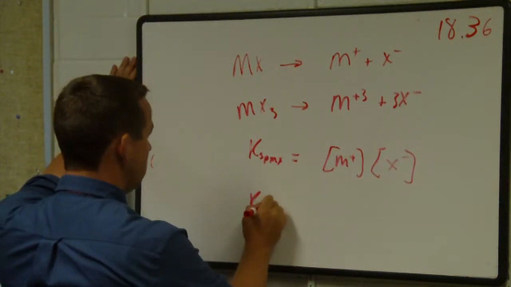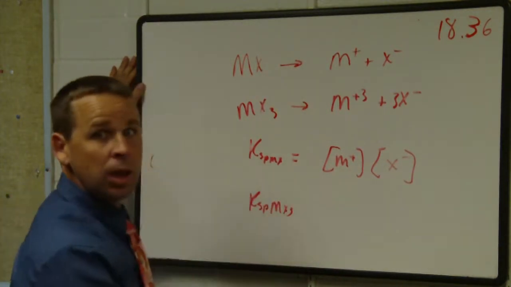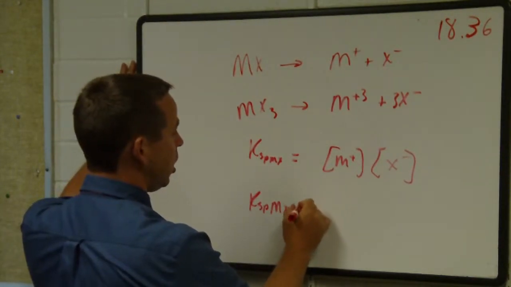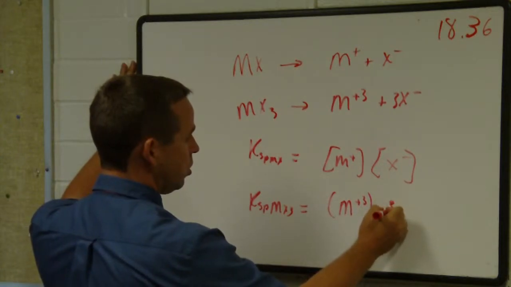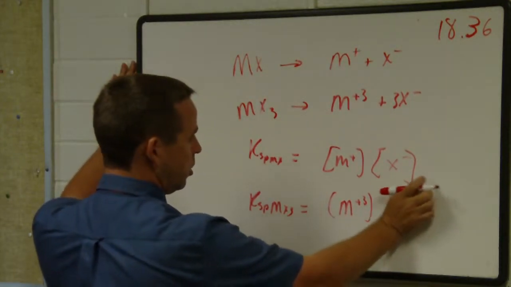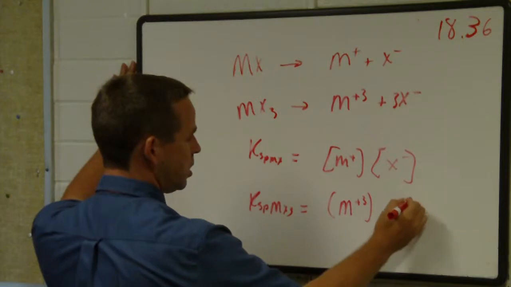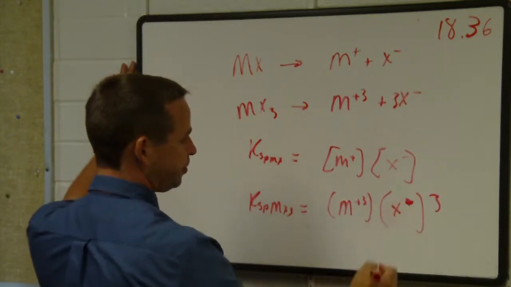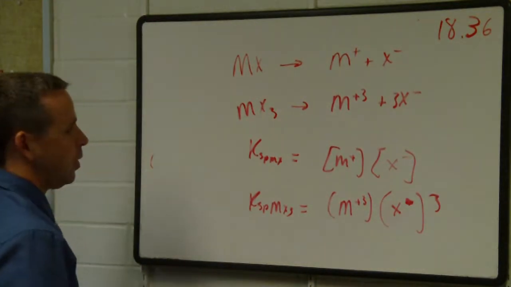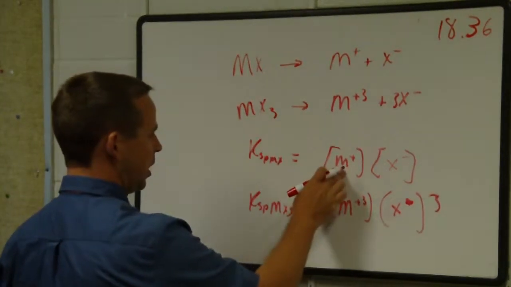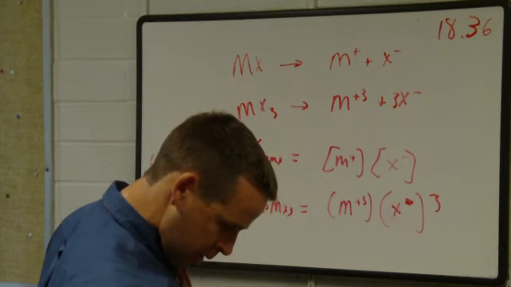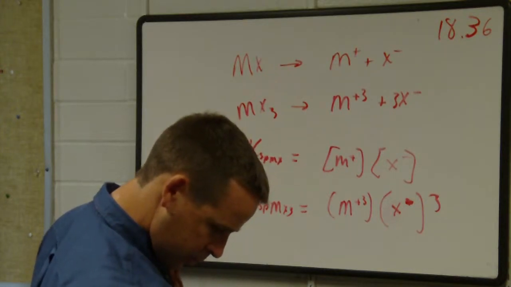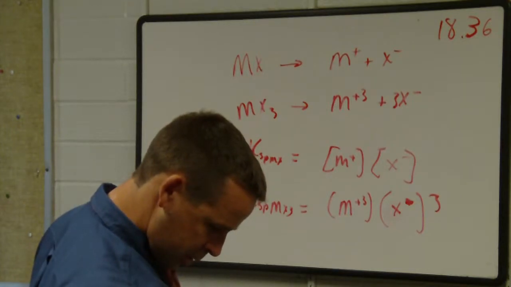Whereas the KSP for MX3 has to be the concentration of M plus 3 times the concentration of X minus cubed. All right. If I put an x in for these, what must the value of KSP be?